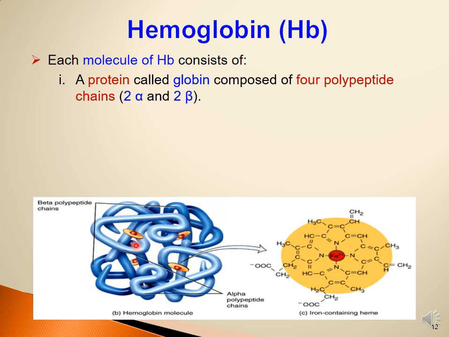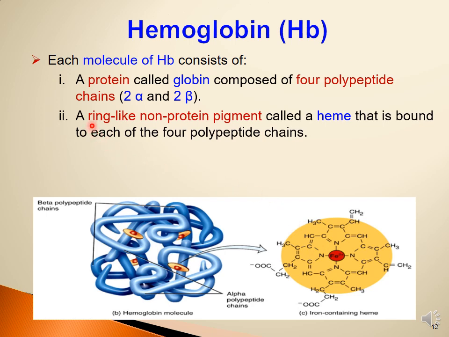And each chain has a heme ring, this yellow heme ring. And as you notice, in the center of the heme ring, there is iron in the ferrous state. A ring-like non-protein pigment, this one, called the heme, is bound to each of the 4 polypeptide chains.